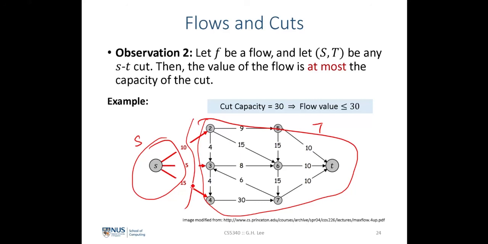So this is not surprising, because following the properties of the flow that we have seen earlier, the flow would have to be limited by the maximum capacity of the edge.